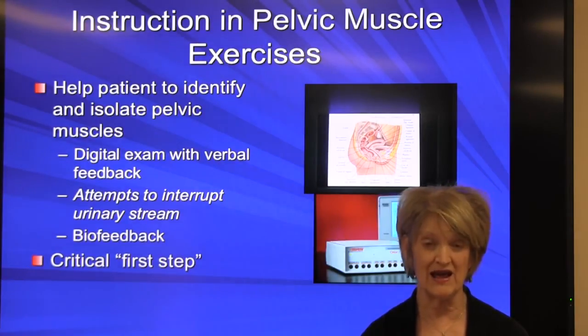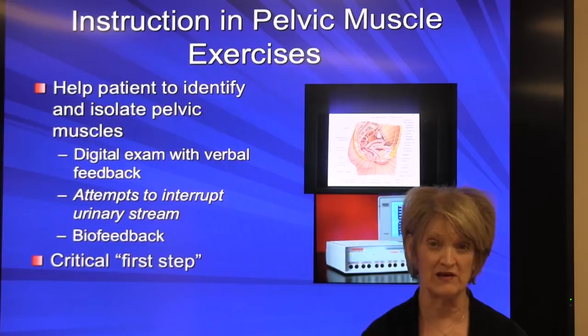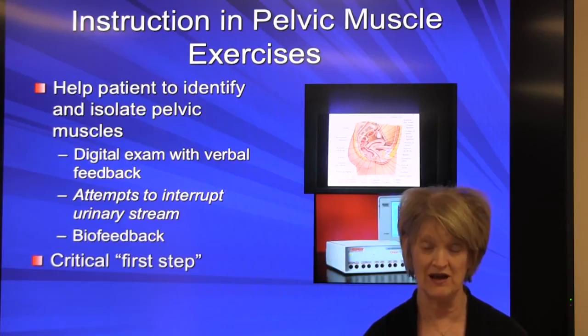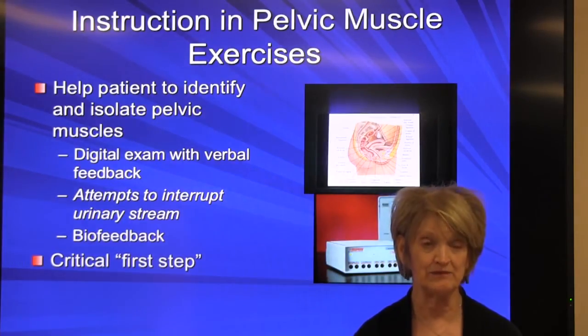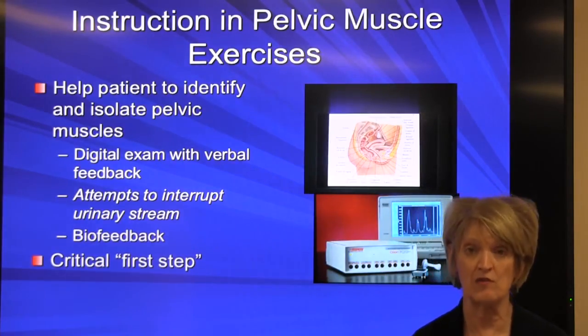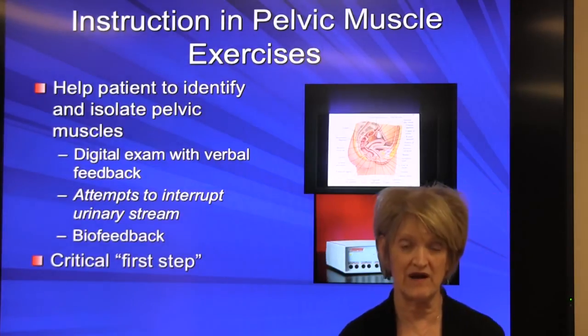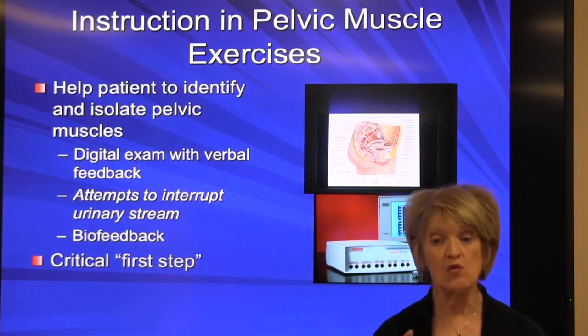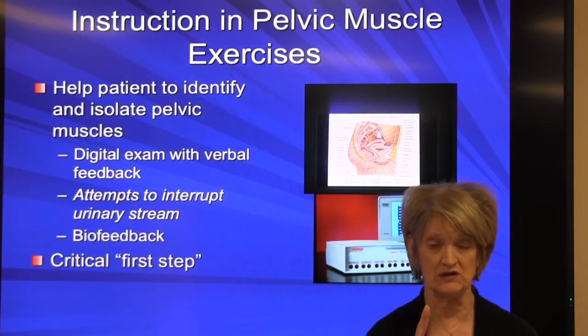Now, men can actually visualize, because if they correctly contract the pelvic floor, they'll get scrotal lift. So they can stand in front of a mirror and literally go 1 and 2 and 3. Women can't do that. So how do we help a female identify and isolate the pelvic floor muscle? One way is to do a digital exam.